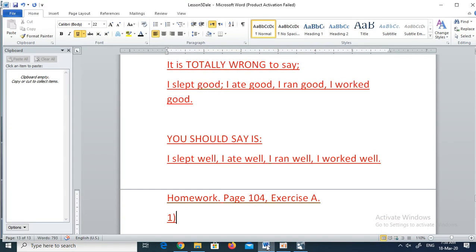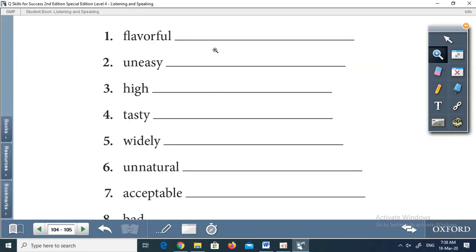All right, so if the positive degree is flavorful, that is a long adjective. So you would make the comparative degree by putting in more flavorful. So what I need you to do, work your way down the list.